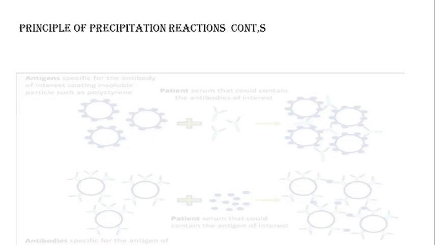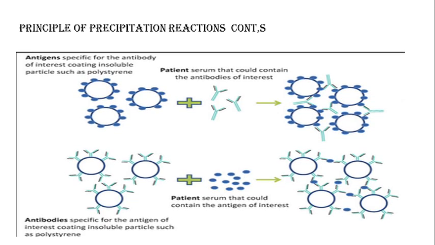So here we have a figure which illustrates how the lattice is formed, or how the precipitation will be formed, depending on the number of antibodies and the number of antigens reacted.